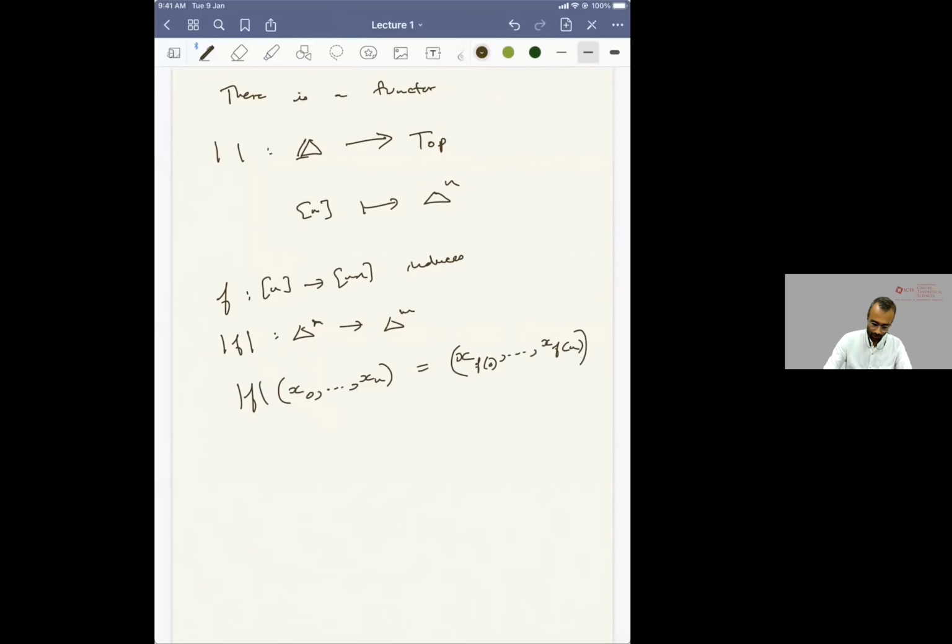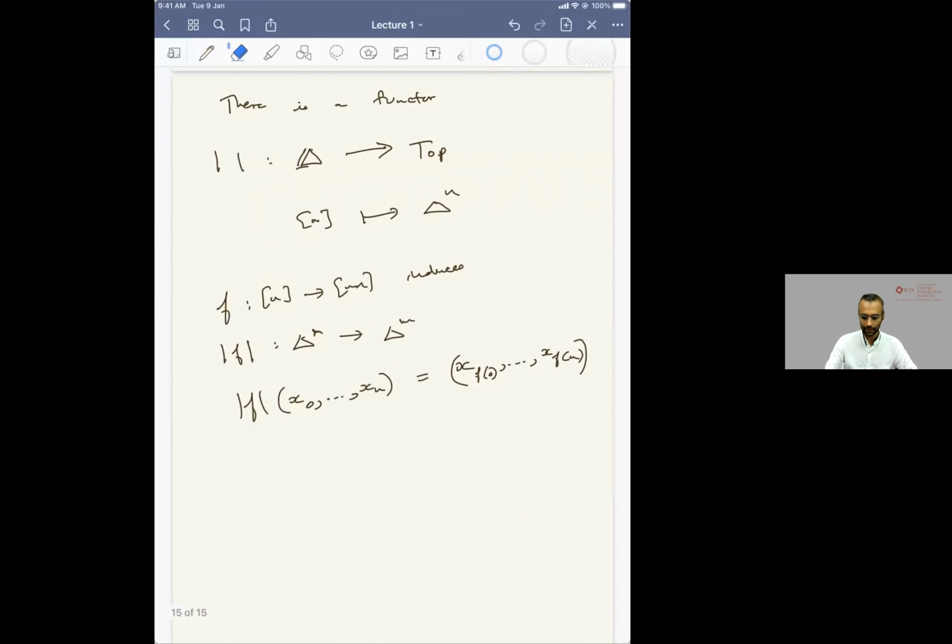So for example, the inclusion d^i... Did I mess this up? Yeah, no, I think that's right.